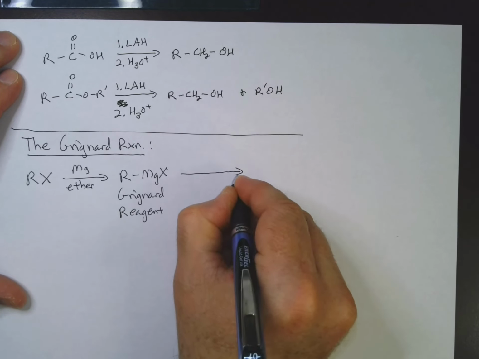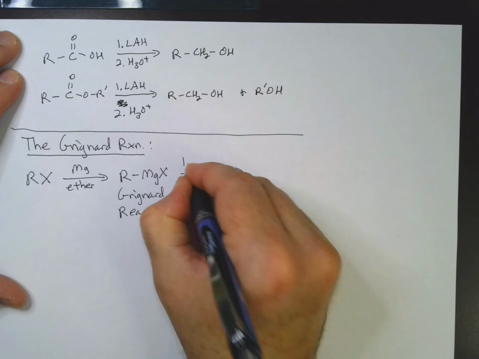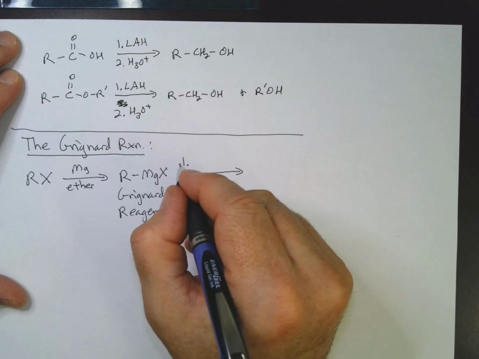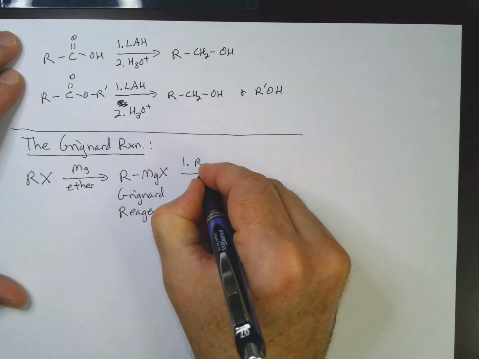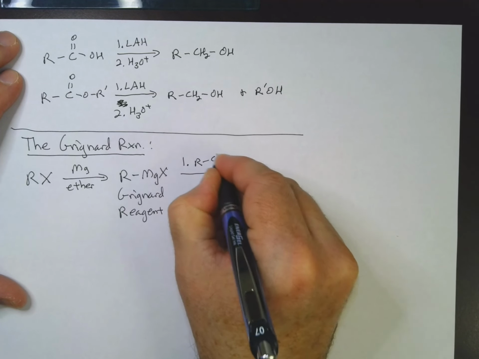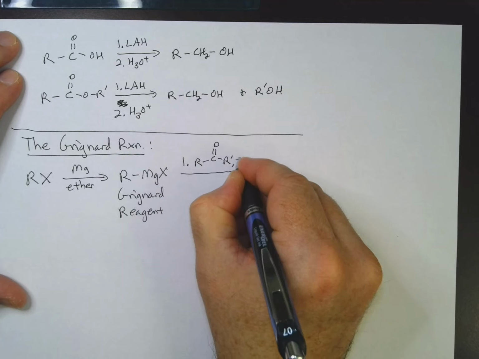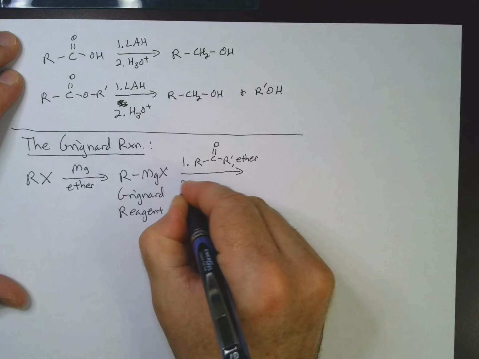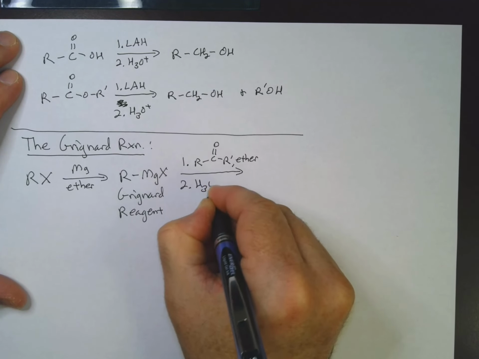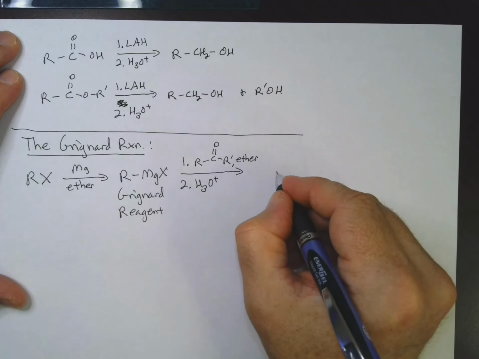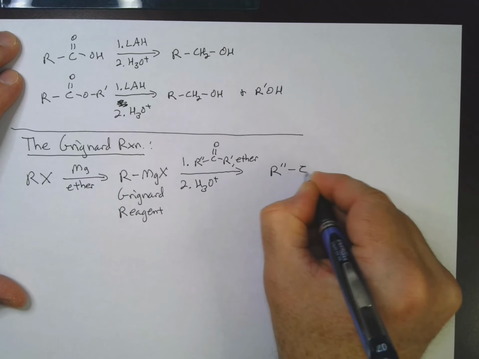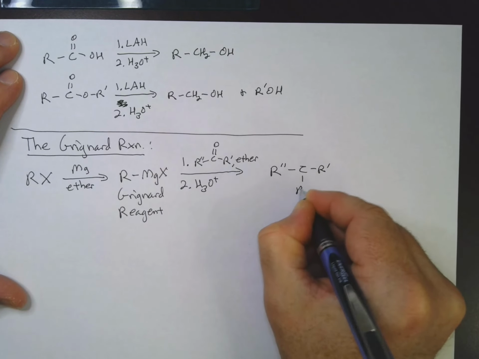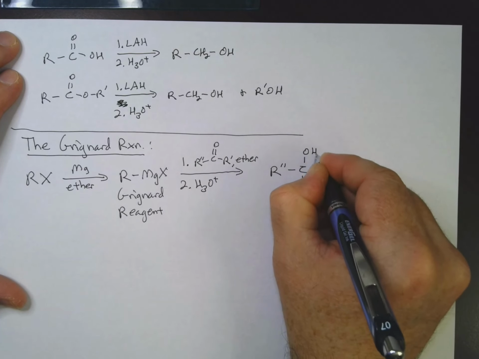We can then add an aldehyde or ketone. Let's say we do RCR prime double bond O in ether, and then quench with acid, and we will now get R double prime C R prime R O H.